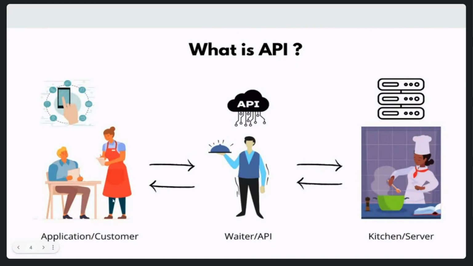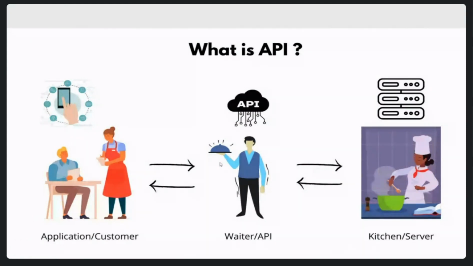In the same way, assume the customer as a client side, like a website. I have shown you a login page, right? Assume that customer as a website. He is sending some request like email ID and password with the API, right? It is like the waiter.